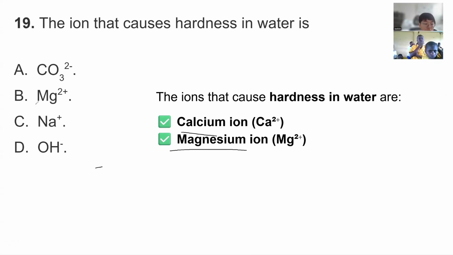Magnesium ion has a +2 charge. That's why the answer is B. It has a +2 charge because magnesium is on the second column. That's why it has a +2 charge.